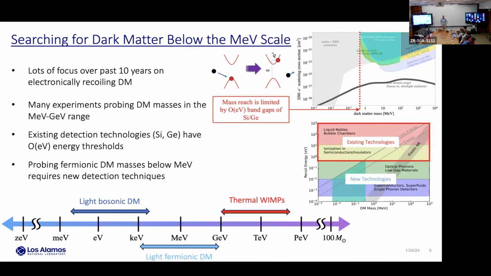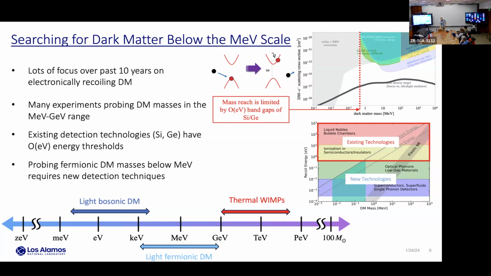And the reason for that is pretty simple. All these experiments are using silicon or germanium as their target. And the band gap of silicon and germanium is about 1 electron volt, or it's more like 600 milli-electron volts in germanium, but it's all around that 1 electron volt scale.